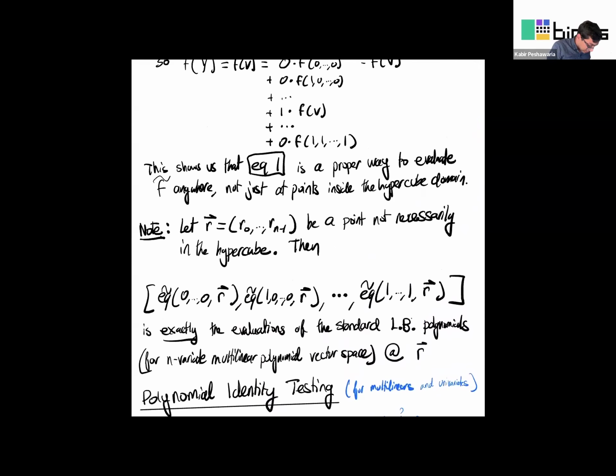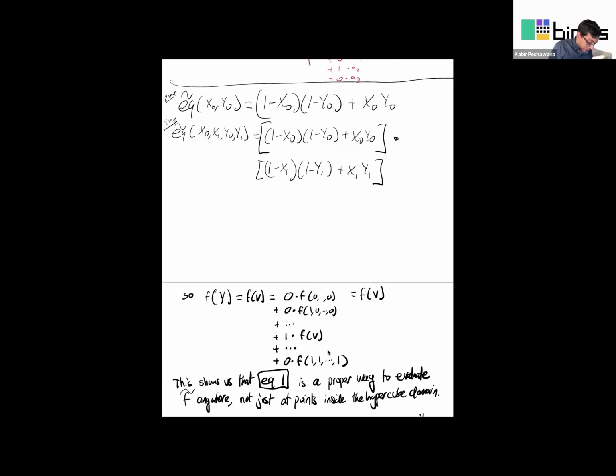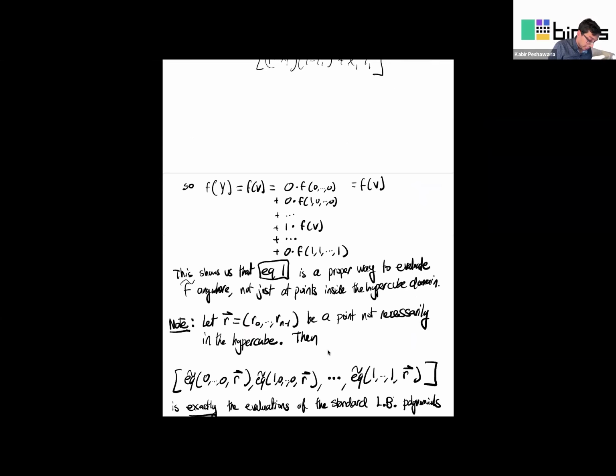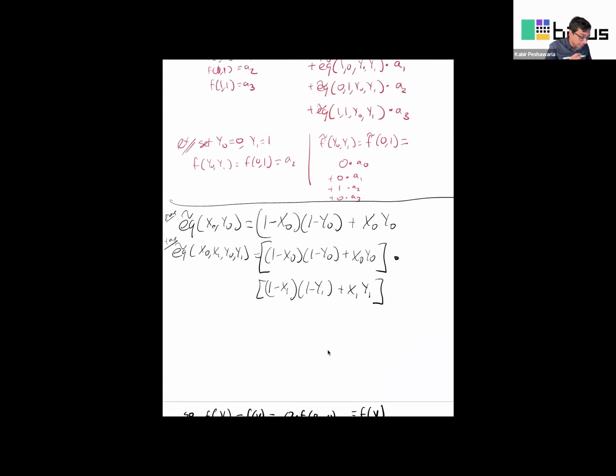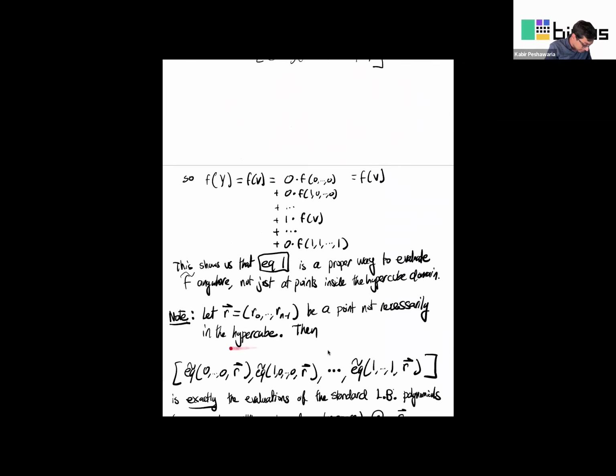So finally, let's take basically what Ben was saying. We can take a point that's not necessarily in the hypercube. It wouldn't make sense to ask what the function evaluated at that point was, but it does make sense to ask what the polynomial evaluated at this point is.